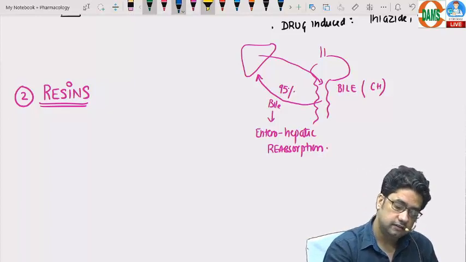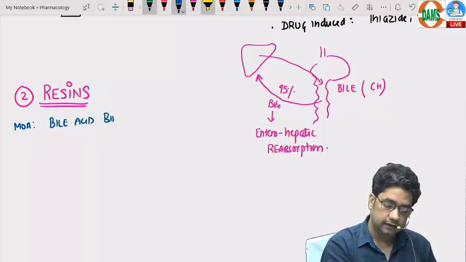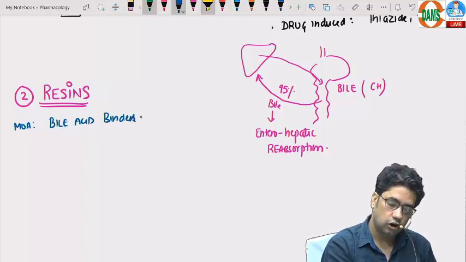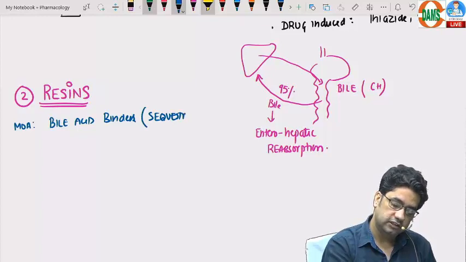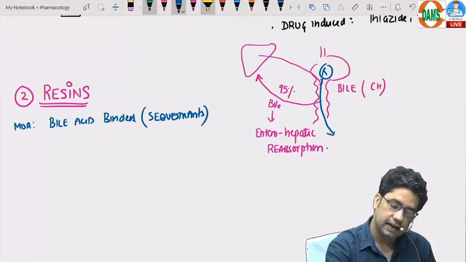What are resins? Their mechanism of action. Resins are bile acid binders or sequestrants. Sequestrant means they will bind to bile. When you give resins, they will bind to bile and the bile will be excreted in feces.